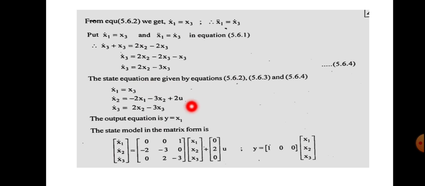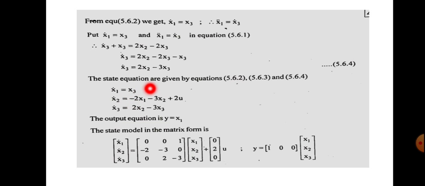So from this equation you can write the state model. That means this is the state equations. So you can write this state equation in matrix form, that is x1 dot, x2 dot, x3 dot constitute a column matrix, and next you need a system matrix that is obtained from these terms.